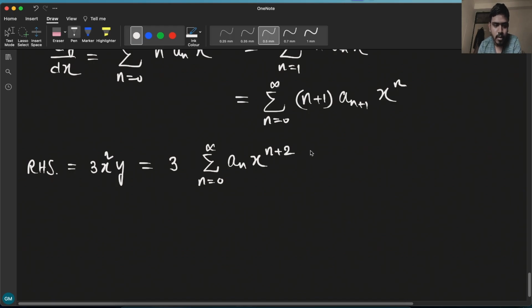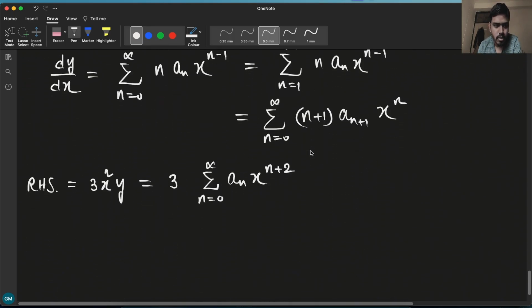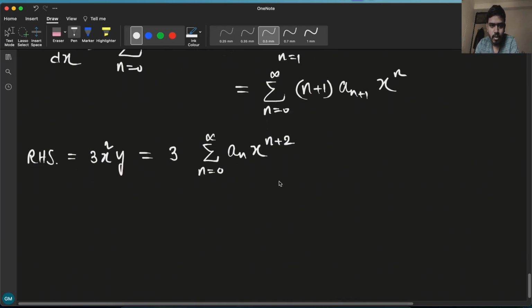So here again x has a power of n plus 2, and we want to compare the powers. That means we want to write this series as some coefficient times x to the power n. You can just pause the video and try to do it yourself.